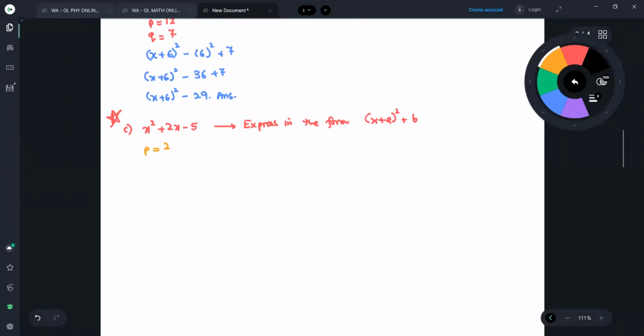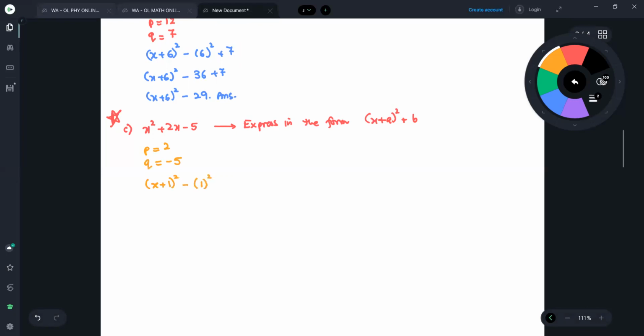Sir, p is 2. x plus 1 whole square. Fatma, what is q? 5. No, it's minus 5. Okay, you don't ignore the negative sign. Then continue. x plus 1 whole square, you said. Yes, sir. And minus 1 whole square.